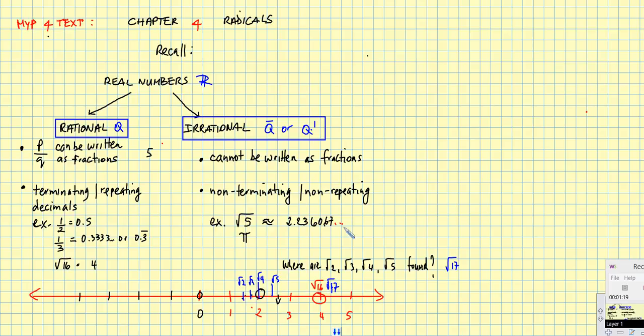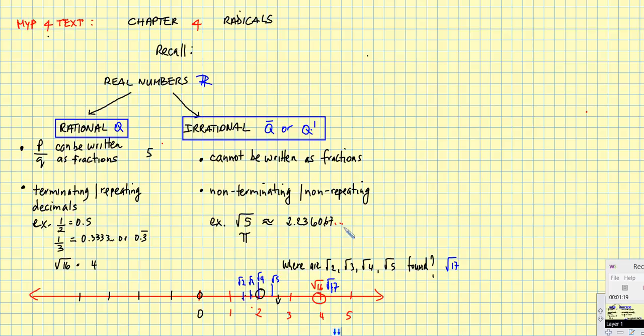And then of course we have the number pi, which is 3.14, and it has an infinite number of digits that follow, again not in any particular pattern.